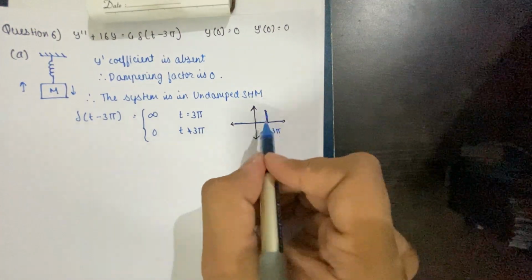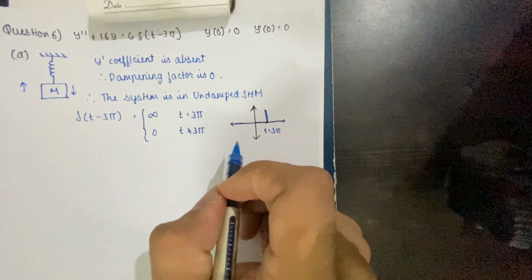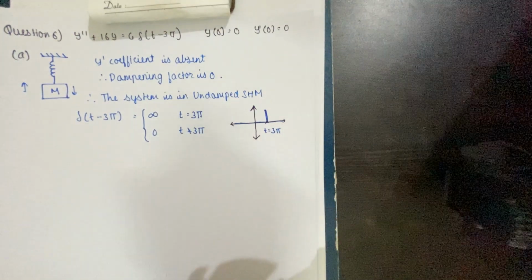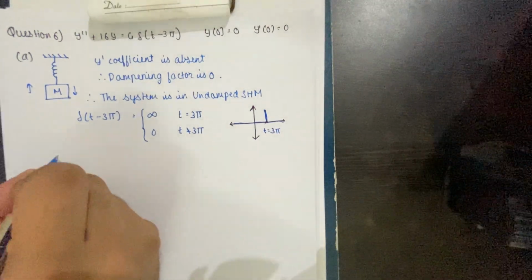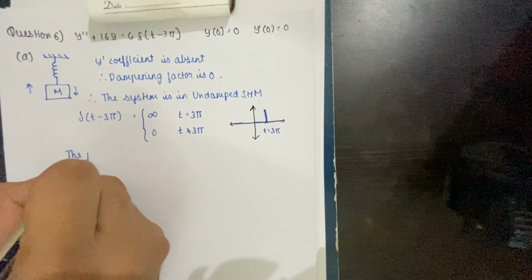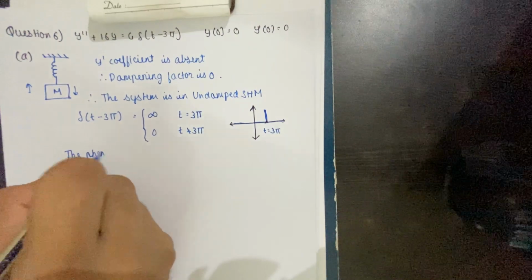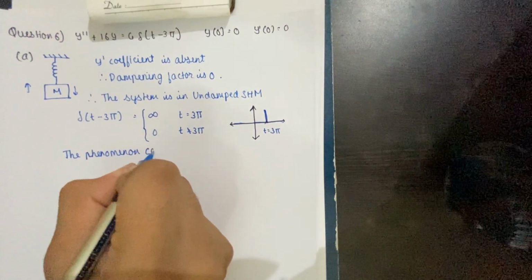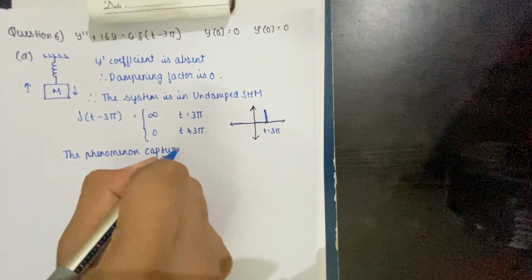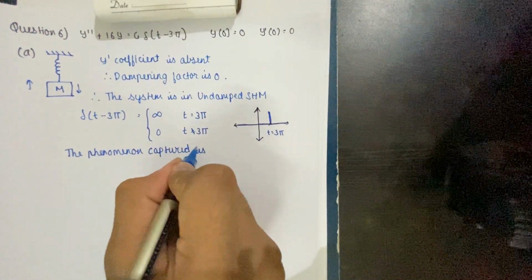So this is the graphical representation of the Dirac delta function. So the phenomenon captured is an impulse.